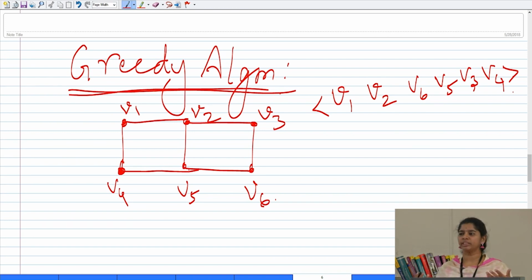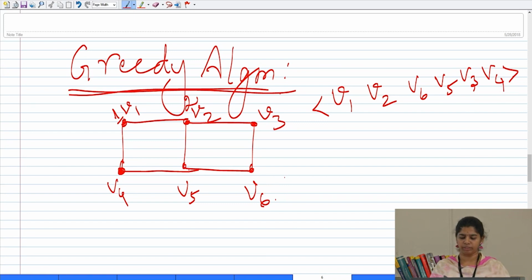So what is the procedure that we are going to do? We start with the vertex V1. I will just color this vertex with say color 1. Next I go to V2. I look into it. V1 is adjacent to V2. So I cannot use the color 1 which is used already. So I need a new color, and I give color 2. And next is V6. If I look at V6, I can use either of them, 1 or 2.